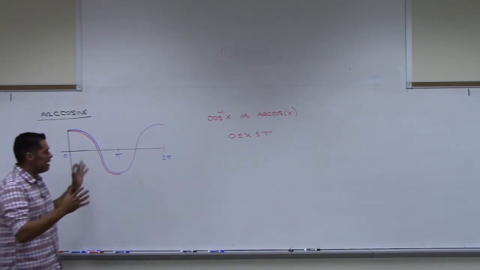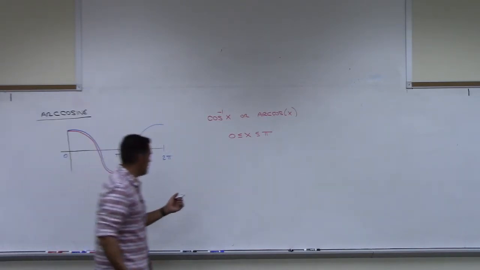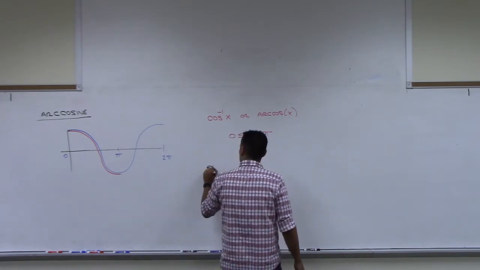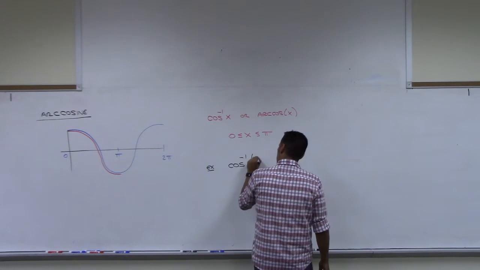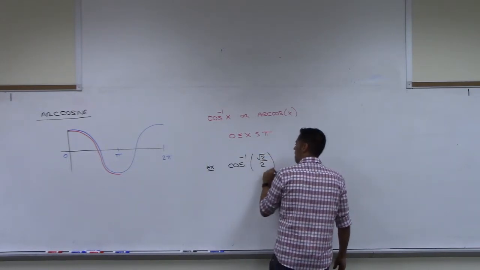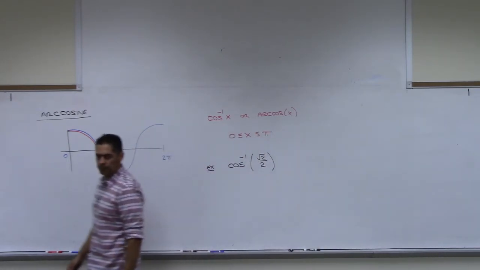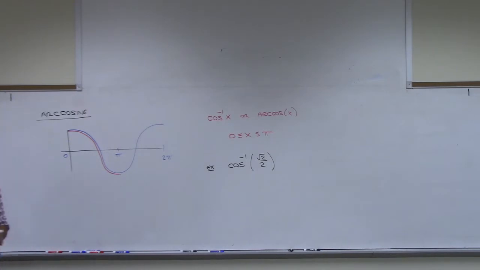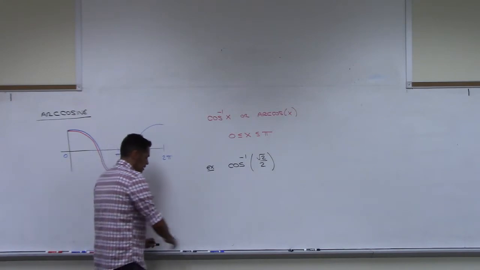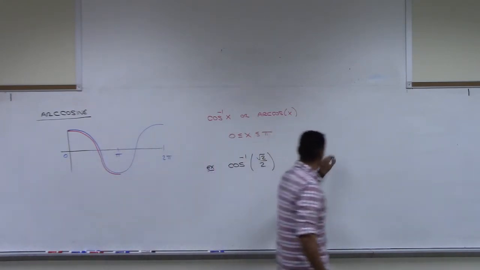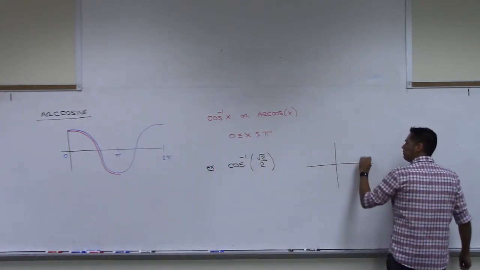Now without getting into any more, I think we can just go into some examples. I hope this isn't throwing you in too fast here. What about arc cosine of root 2 over 2? Where on the unit circle is the x-coordinate, since now we're talking cosine, root 2 over 2?